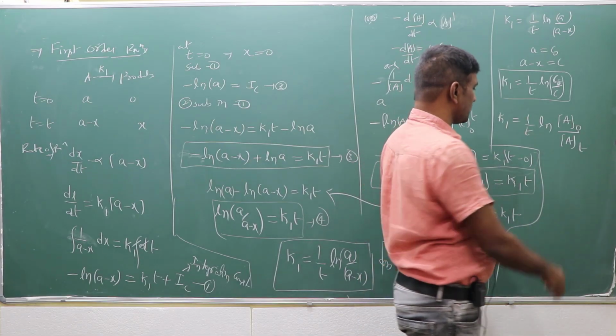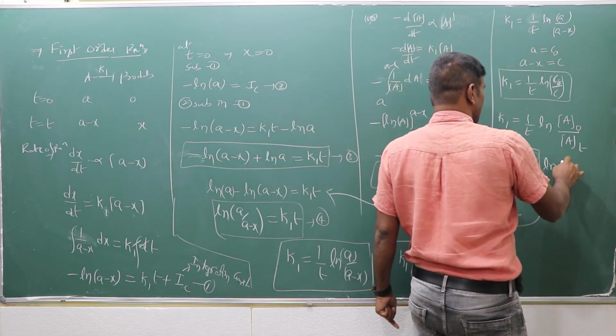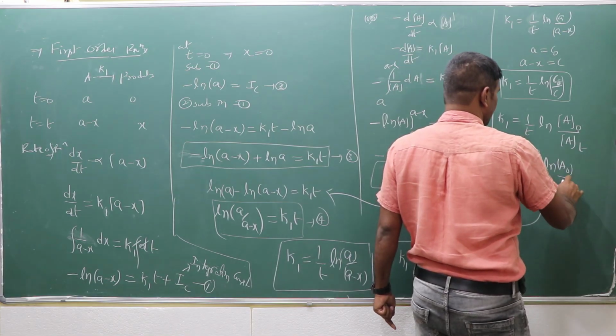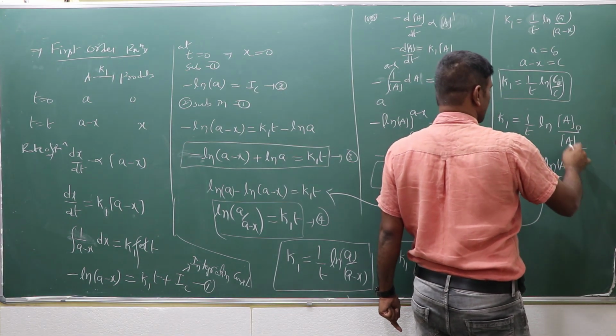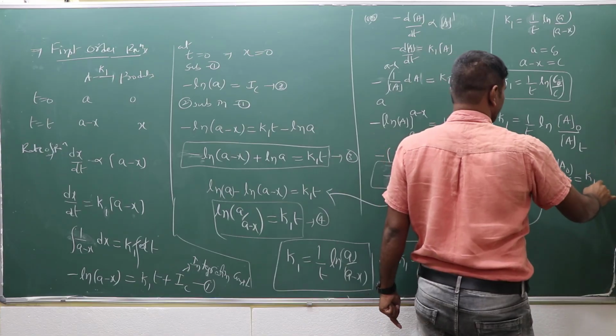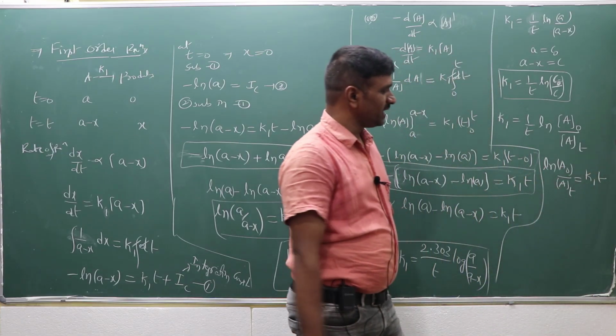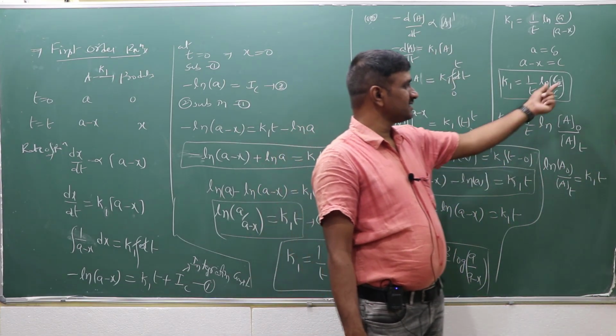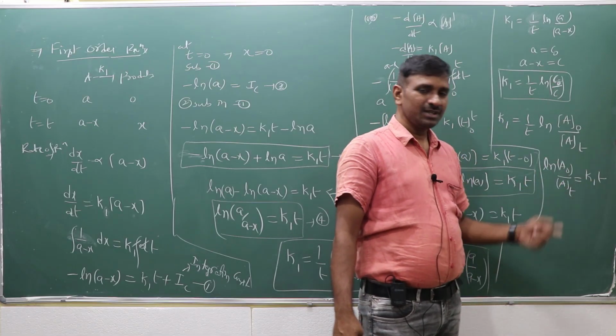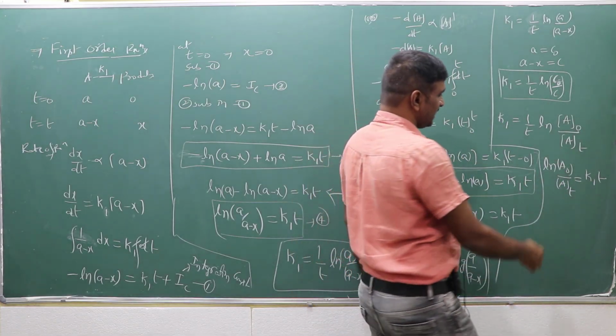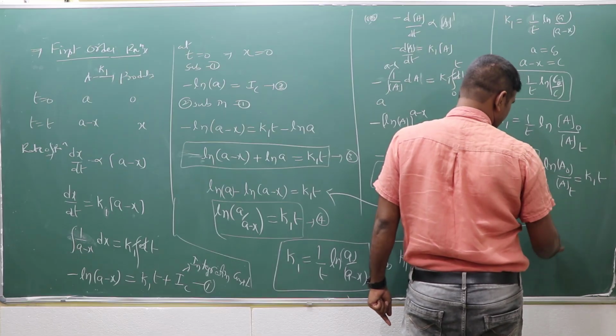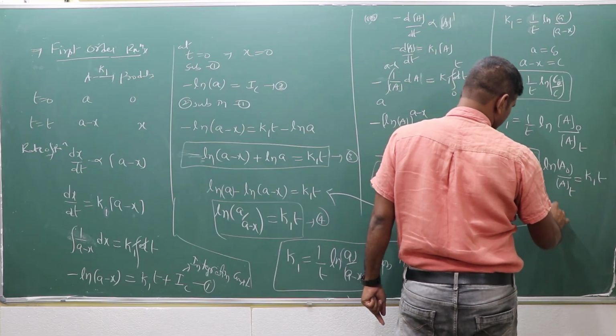Based on this, sometimes it will be given as ln A naught by At is equal to K1 into t, or ln C naught by C is equal to K1 into t. Then ln A naught by At, so this A naught by At is equal to what?